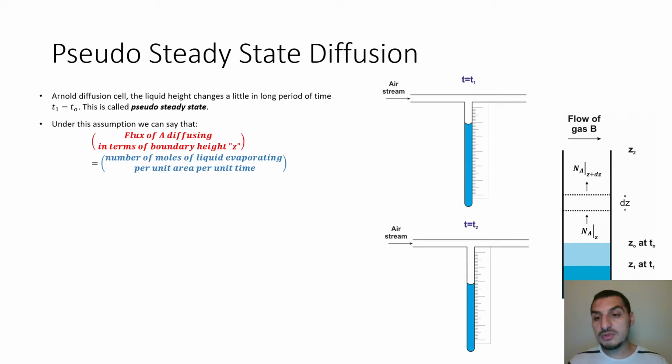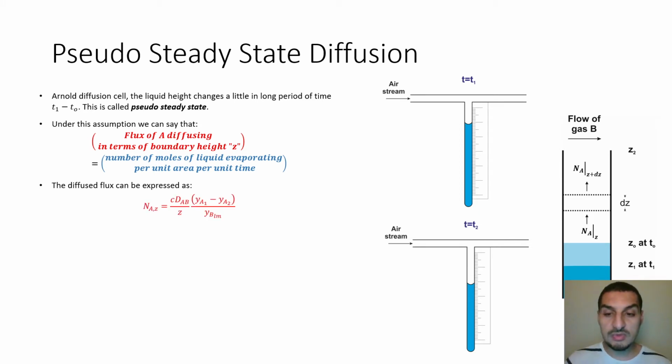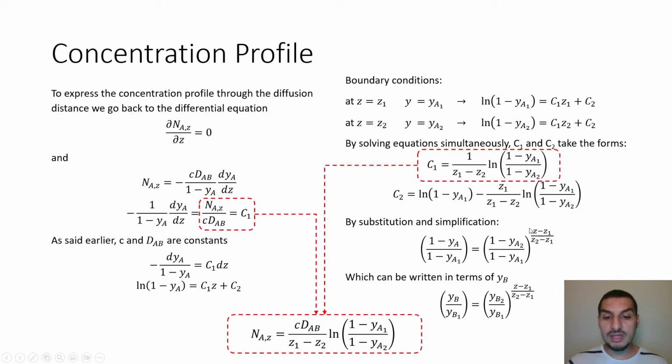So for the left hand side of the equation, we can use the same form that we used before, because it's exactly the same process, with one difference here. In the previous case, we had the equation written in terms of Z1 and Z2, which were constants.